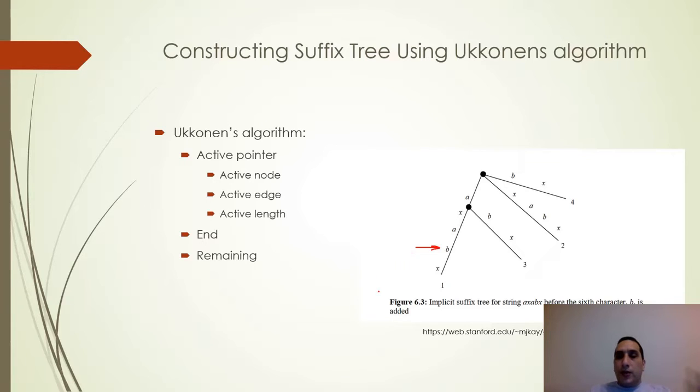If the algorithm needs to work on the location at the character B, right here, in the diagram to the right, the active pointer, using its three attributes, is going to help the algorithm to know exactly where character B is located. And that's by setting the active node.